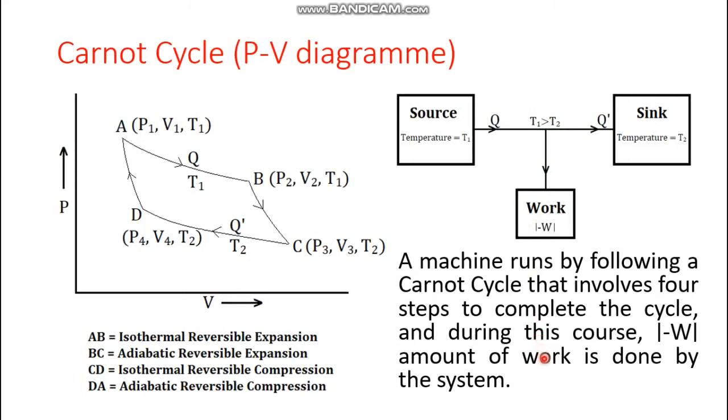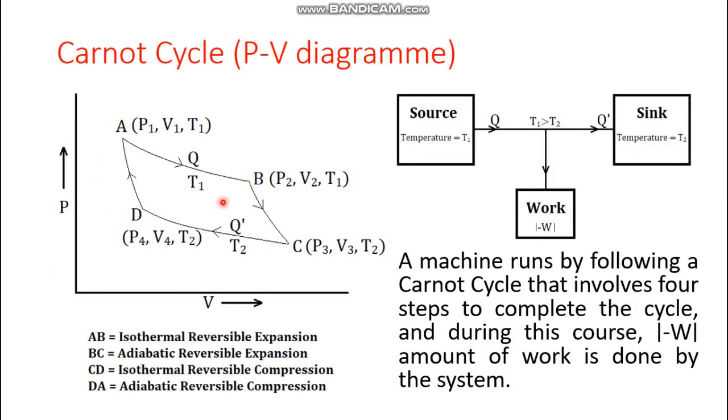So a machine runs by following a Carnot cycle that involves 4 steps to complete the cycle, and during this course, modulus of minus W amount of work is done by the system. Here AB is isothermal reversible expansion, BC is adiabatic reversible expansion, CD is isothermal reversible compression, and DA is adiabatic reversible compression to complete the cycle.